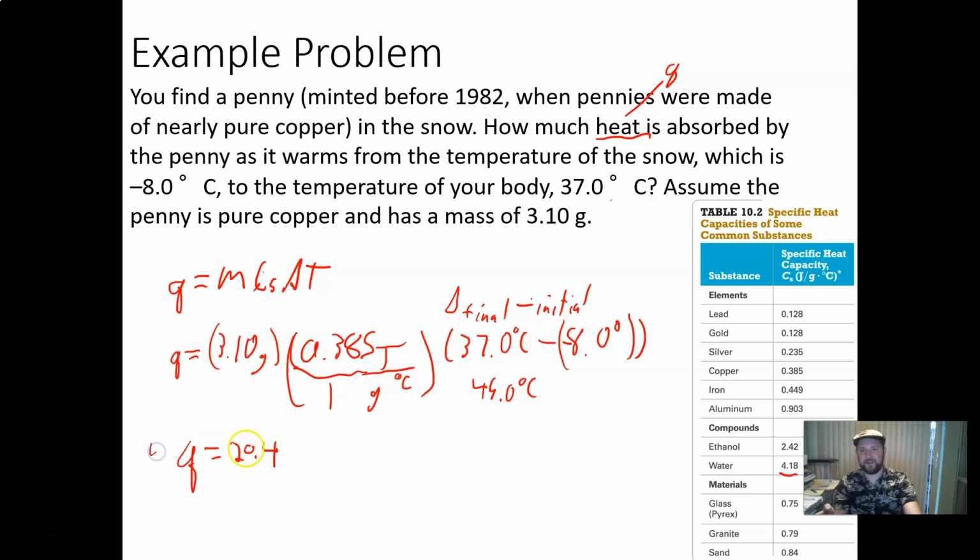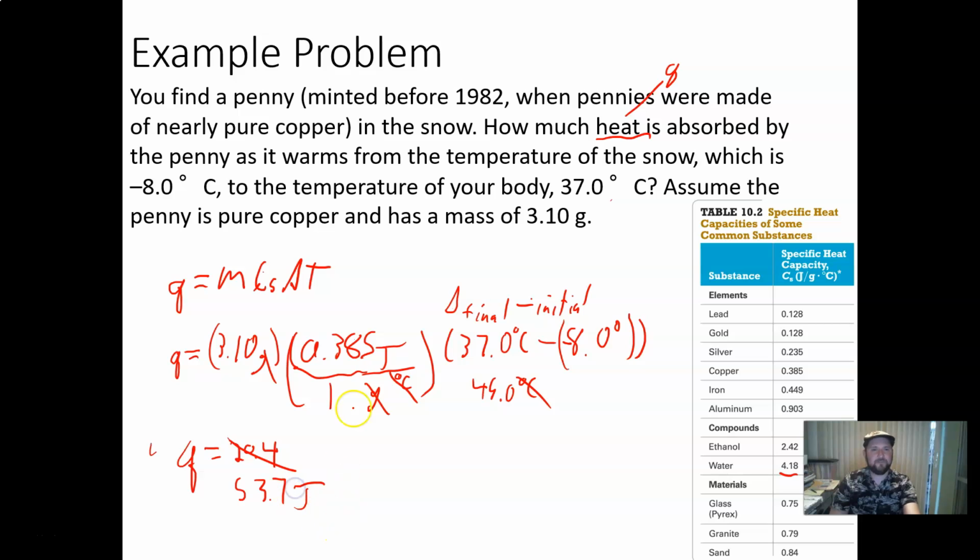Yeah, this is not right. Q is equal to 53.7. Now if we look at these things, we got grams canceling grams, and degrees Celsius canceling degrees Celsius. And notice all we have left is joules.